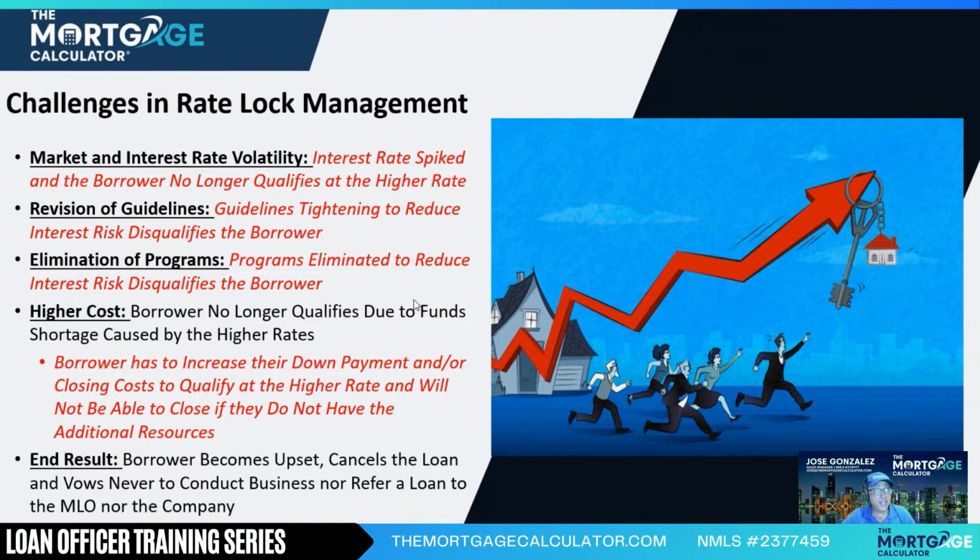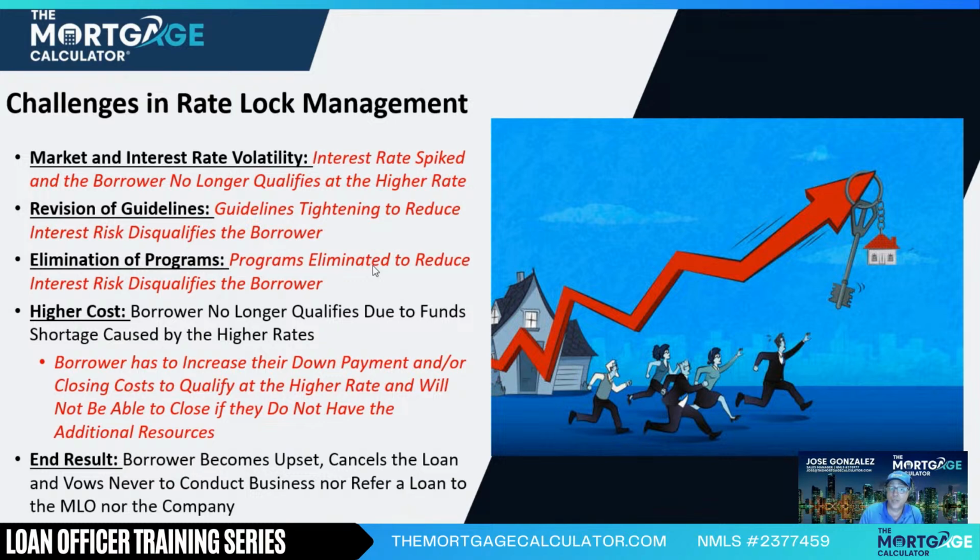Another challenge would be revision of guidelines. You didn't lock the loan in, and now all of a sudden they eliminated the 85% LTV DSCR, for example, or they eliminated the use of short-term rental on the DSCR, or who knows what can happen when guidelines are revised. A lot of different things can happen where a program could be totally eliminated. So in this case, the conduit that's lending the money is tightening the guidelines to reduce interest rate risk on their part.